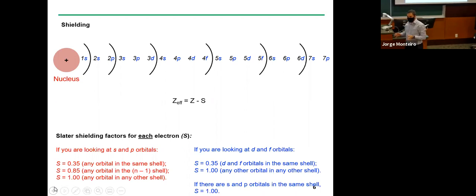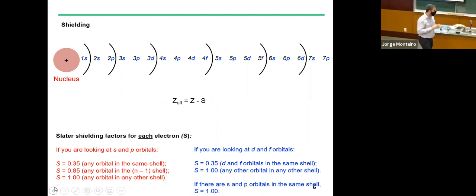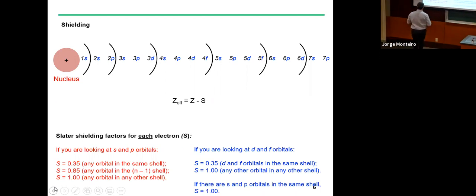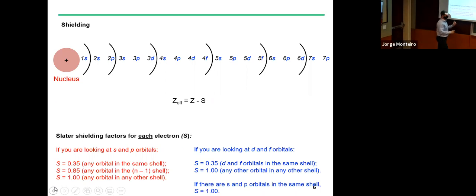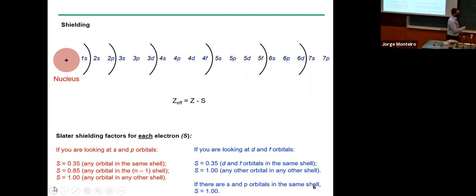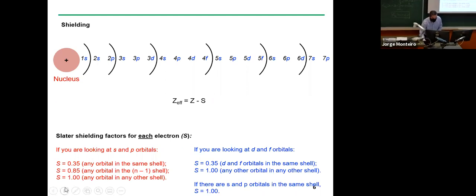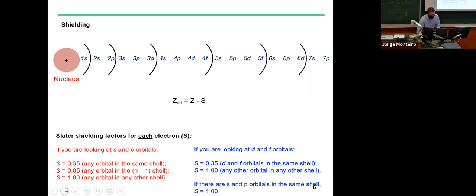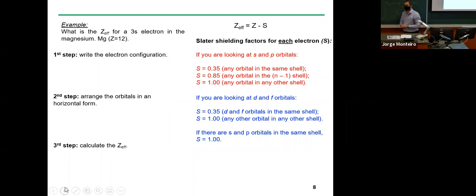Determining the effective nuclear charge is not a complicated formula. However, you have to pay attention to the shielding factors that are going to be used. So let's see if I can show you lots of cases here to give you a broad idea about the calculation.